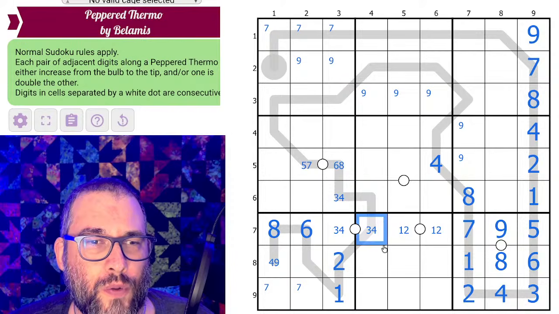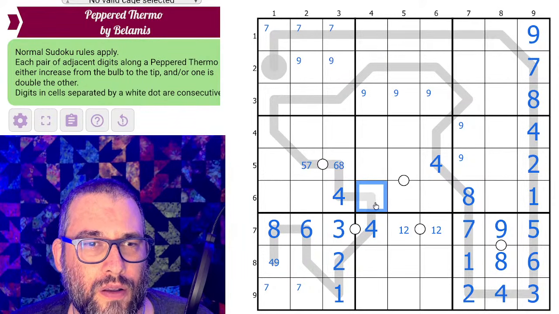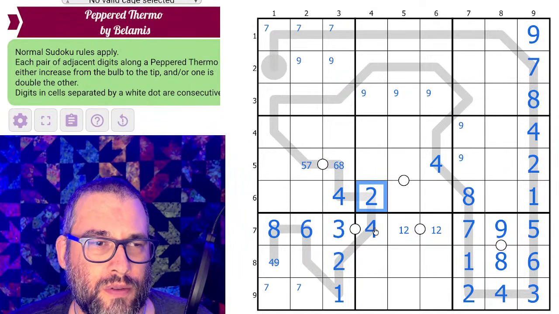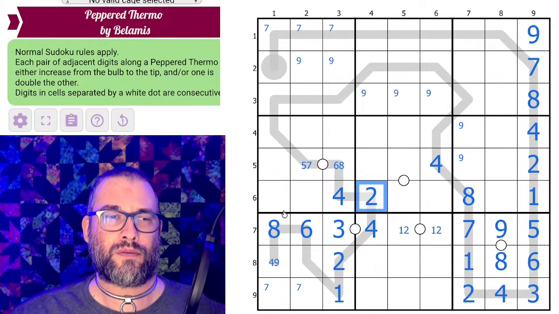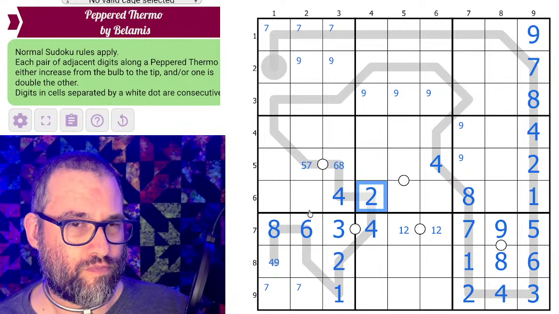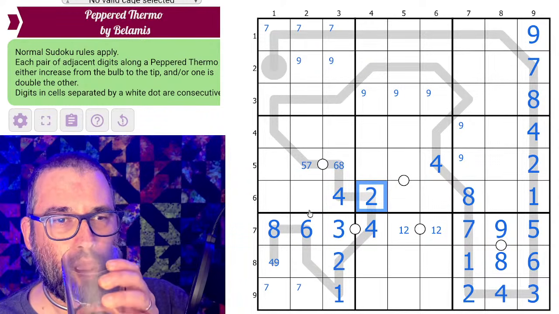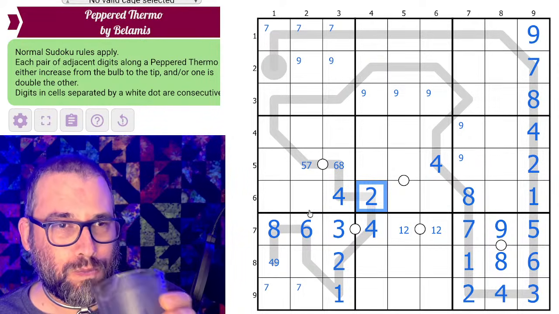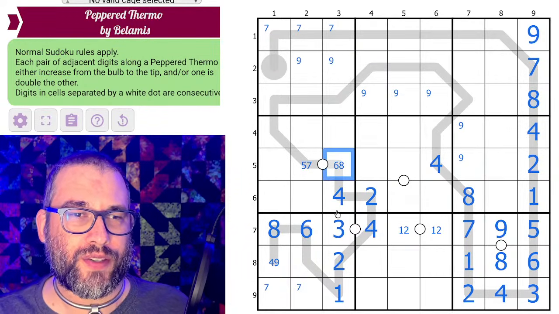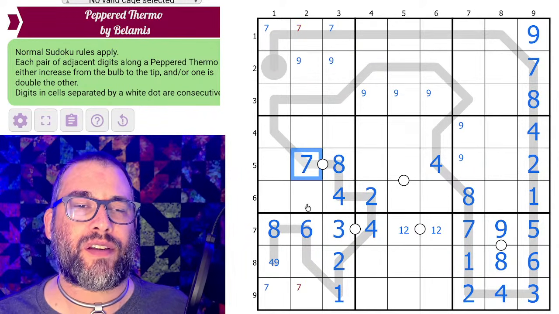Two needs a 4 before it. So that's a 3. That's a 4. So, this has to be a 2. So this will have to be an 8 and a 7.